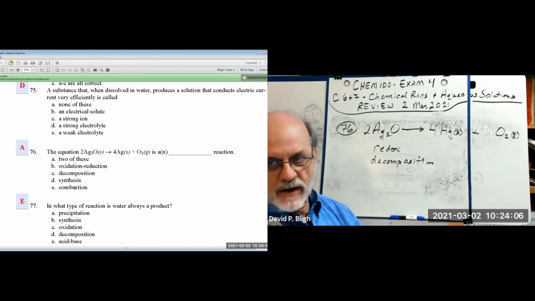Now, how do you know what the products are? Because this is a double replacement reaction. This is one of the types of reactions. This one plus acid-base reactions that you should be able to write the products knowing only the reactants.